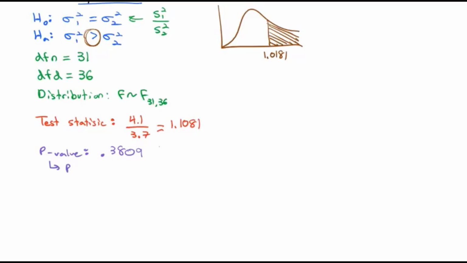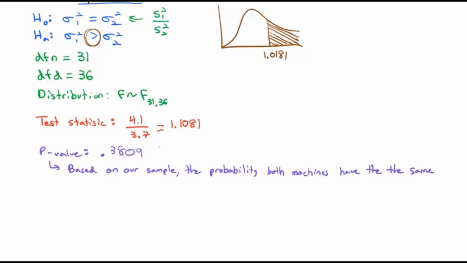So we will say the probability, based on our sample, the probability both machines have the same variance, that's the null hypothesis, that they're equal, is 38.09%.